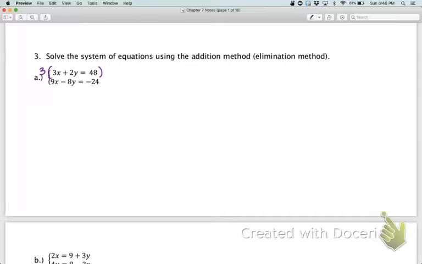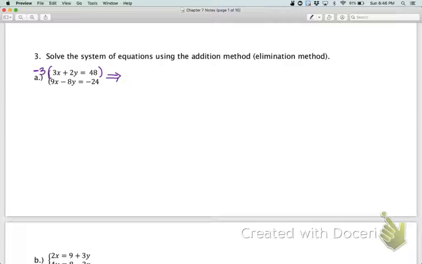But again, remember, we want opposites. 9x and 9x are not opposites. They're exactly the same. So I need to multiply by a negative so that I can switch all of those signs. Now, here's what our system becomes when I multiply.